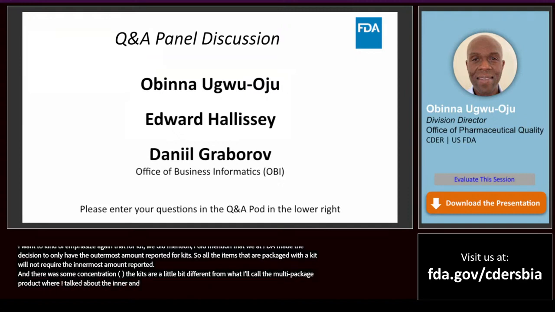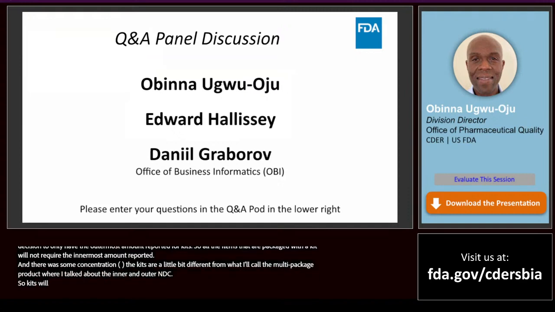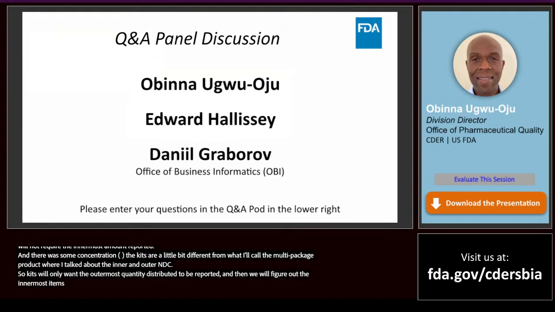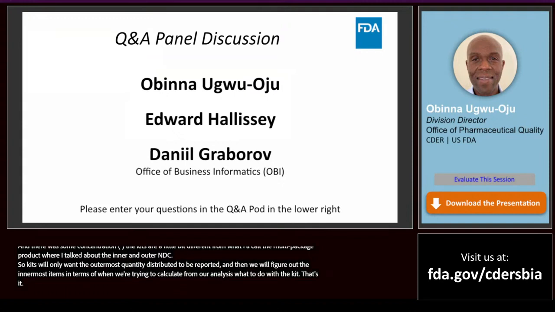So for kits, we only want the outermost quantity distributed to be reported, and then we will figure out the innermost items when we calculate from our analysis what to do with the kit. So that's it.